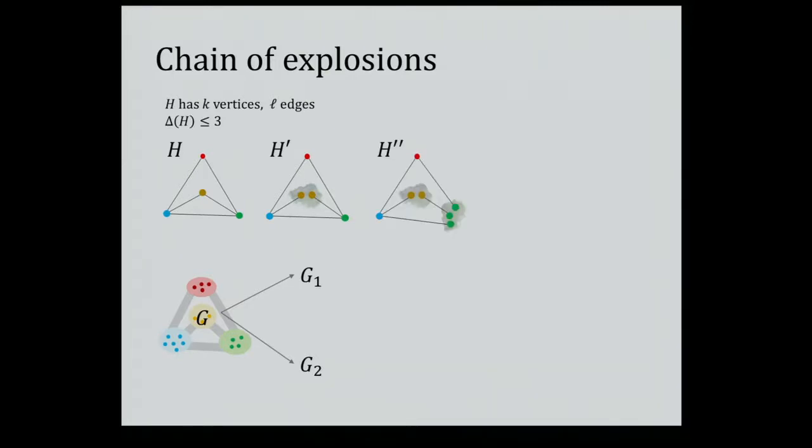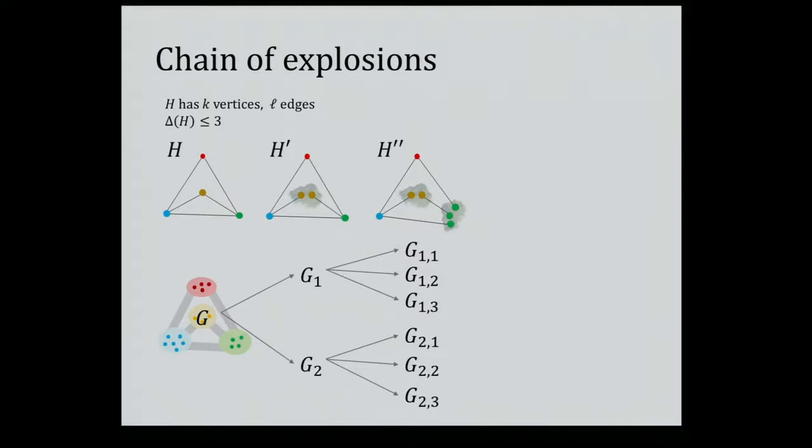And then once we exploded this, we can now explode the next vertex. We again removed 1 vertex of degree not equal to 1. And so to solve this instance of counting H prime in G1, we get 3 instances of counting H double prime in G11, G12, and G13. And likewise, you can also get 3 instances for G2.